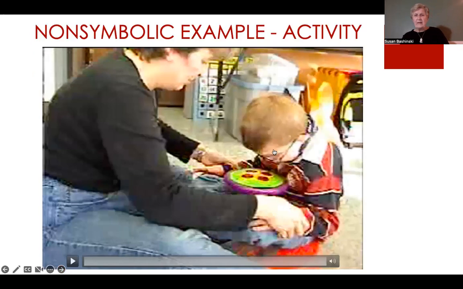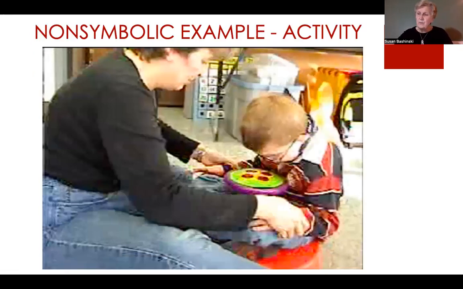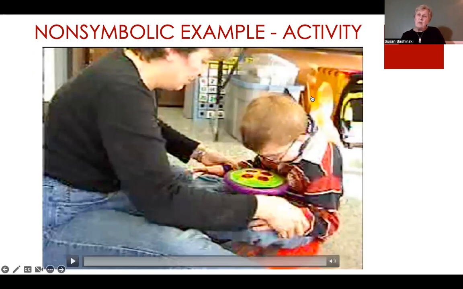So this is Mr. Lance. He's the study at the end. This is a video that's pretty short. At about 9 seconds in, he takes hold of my hands to keep them on his head. He loves for me to scratch his head. So he takes my hands, but then he keeps his hands on my hands so I won't move them. There's a lot of noise in this video.